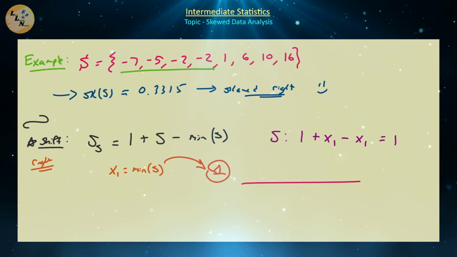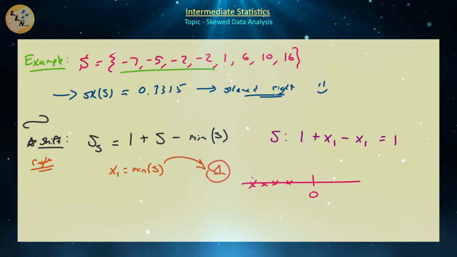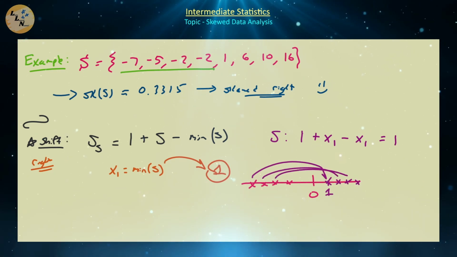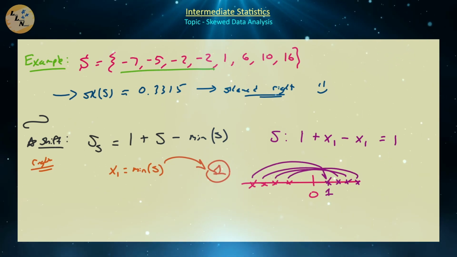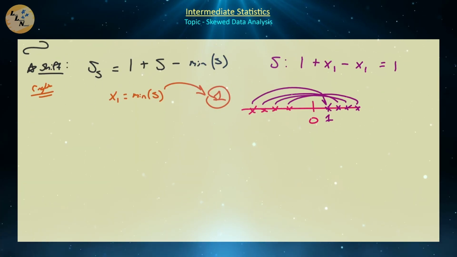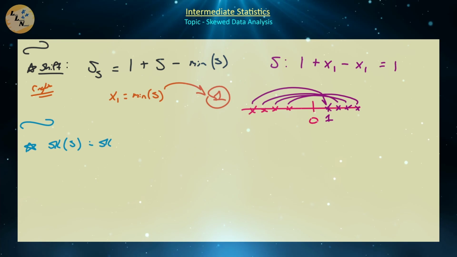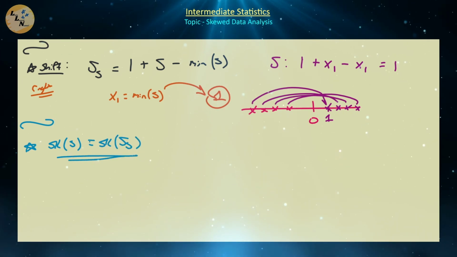So if our data set is sort of scattered here, so 1, 2, 3, 4, and 0 is located there, that means this is going to be mapped to 1, and then we're going to have the other 3 values sort of located right next to it. So it's going to sort of march one to the other. The shifting always removes the negative numbers, and also, in particular, because the range is not going to change, just the position of the elements, the skewness of S and the skewness of the shifted version of S are always equal to each other, and I'll leave that to you as a proof.